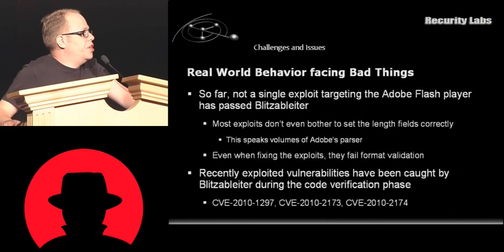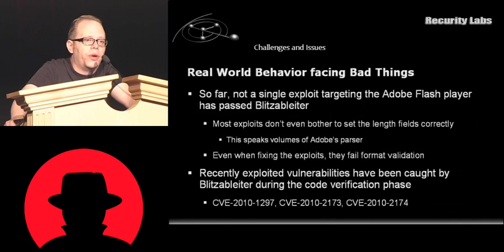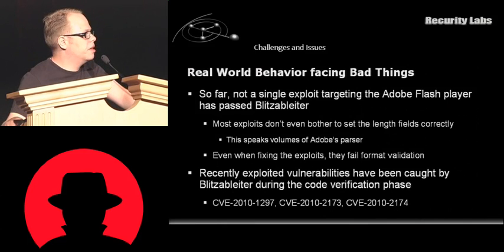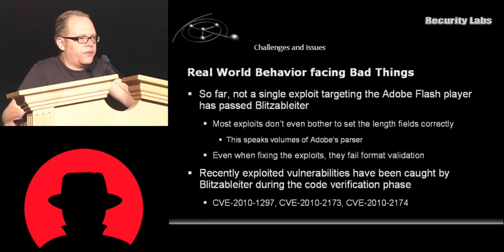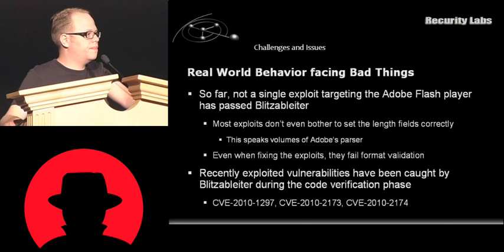So what happens when we use Blitzableiter in the real world? So far, we haven't found a single exploit that would actually pass through the format normalization layer. As I said in the demo, most exploits actually don't even bother to set the length fields correctly, which speaks volumes of the Adobe parser, because that actually doesn't care about the length fields too much.